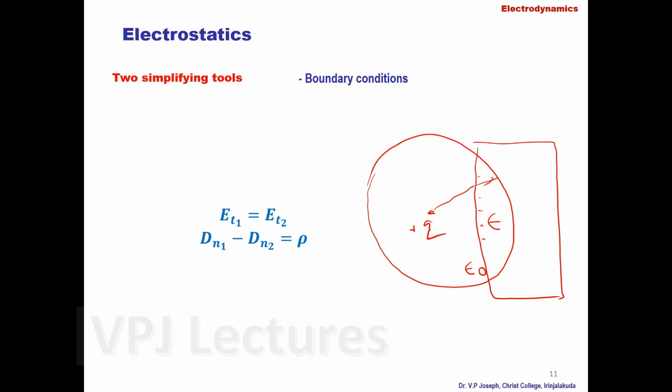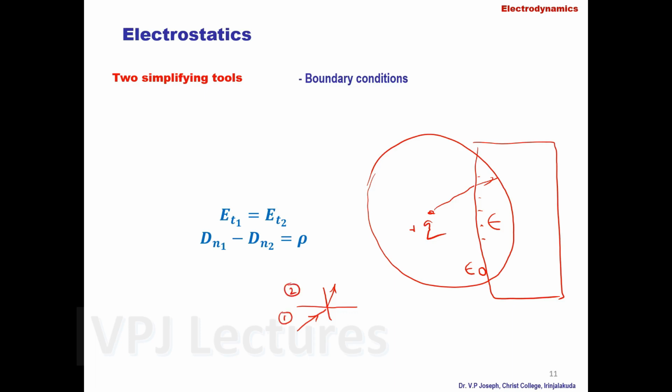Based on these two equations, they are called the tangential component of electric field and the normal component of electric flux. Suppose this is a boundary and the electric field is moving like this, and the second medium is denser than the first medium, so it bends towards the normal. This is the first medium and this is the second medium.